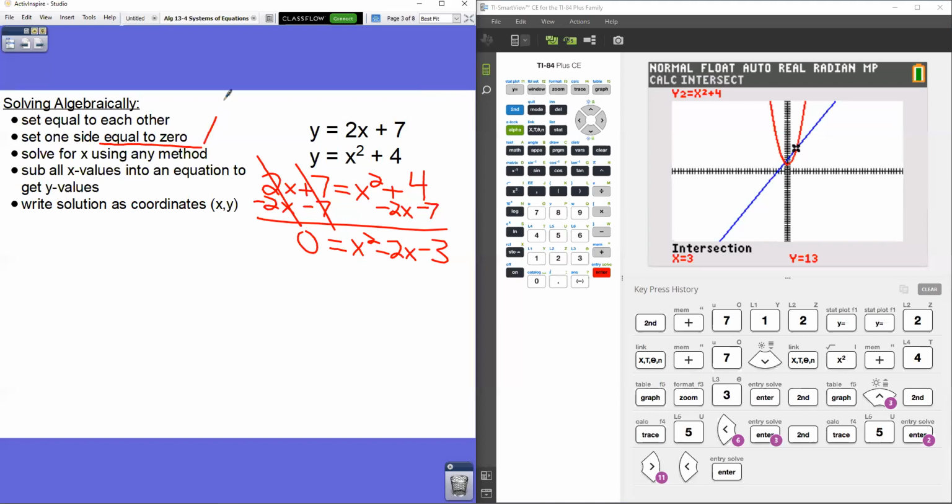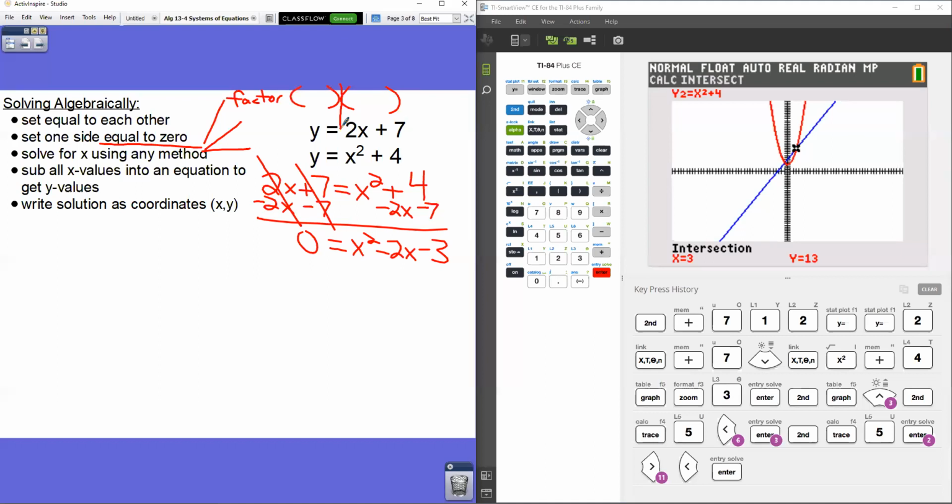There are 3 different methods that you could use. You could factor and figure out what times what is the last number that adds up to the middle number. Once you get what's inside the parentheses, draw your line down the middle and solve for x. You can do it that way if you want to.